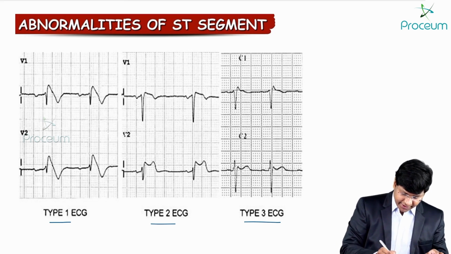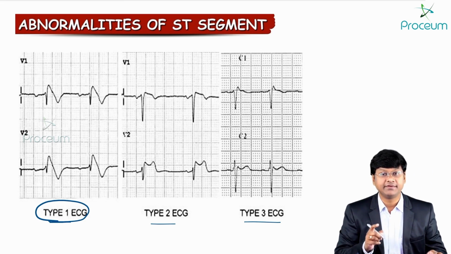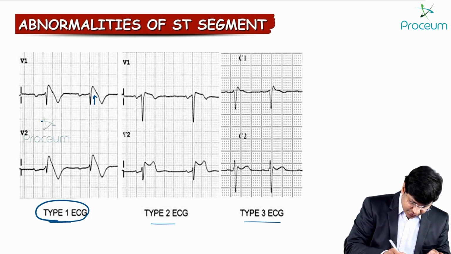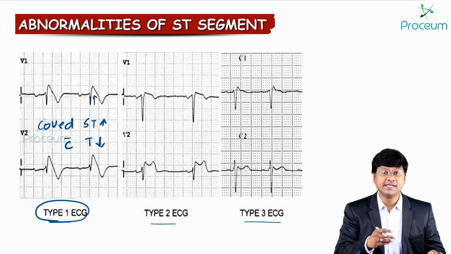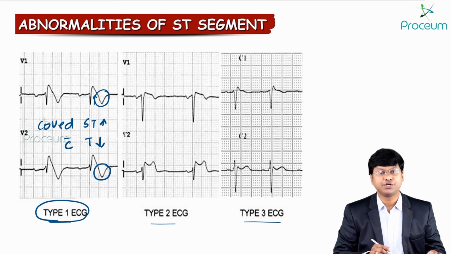Whereas in case of type 1 Brugada syndrome, there will be coved ST segment elevation. So you see here, this we call coved ST segment elevation with T wave inversion. Right, coved ST segment elevation and inverted T wave both in V1 as well as V2. That is what you will have in case of type 1 Brugada syndrome.